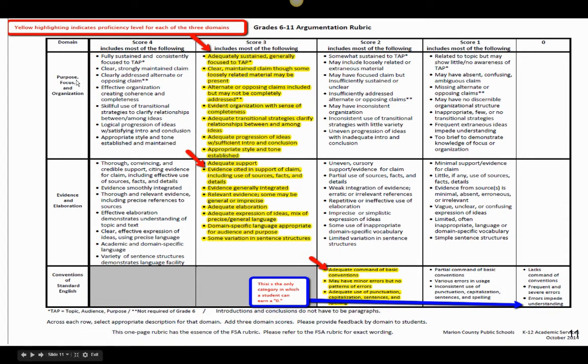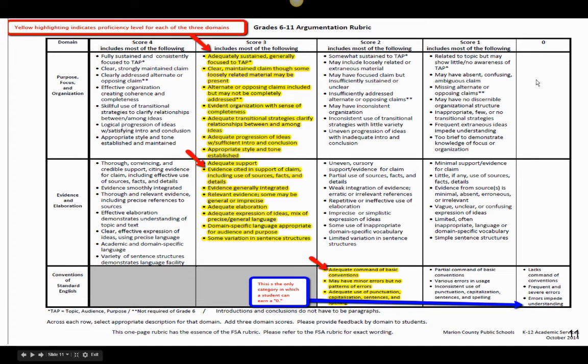Here are your domains: purpose, focus, and organization, or PFO, evidence and elaboration, or E&E, and conventions of standard English, or conventions. You'll notice that the highlighted parts are the proficiency column, and you'll also notice that conventions of standard English is the only one that has a possible score of 0.